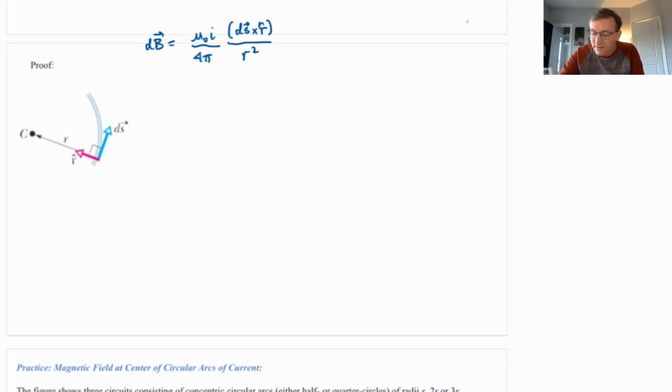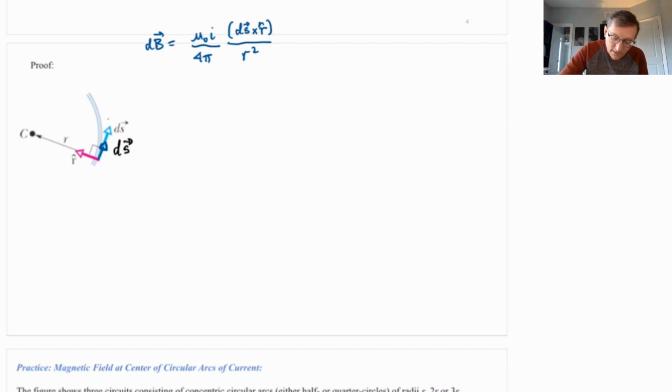Here's a picture on the left, blown up, and the ds is really drawn too big, because it's really just a little infinitesimal segment of the wire. We make it into a vector, ds, that is tangent to the wire and in the direction of the current.